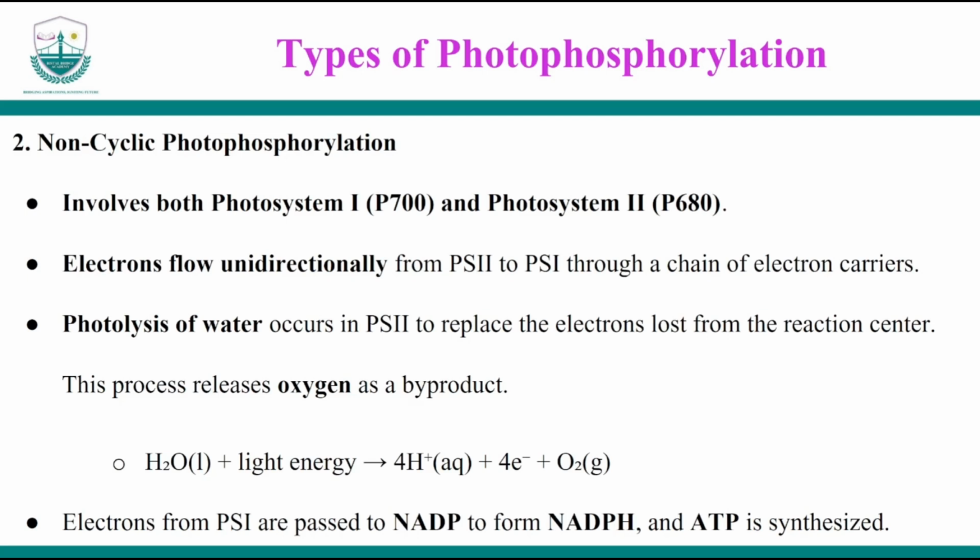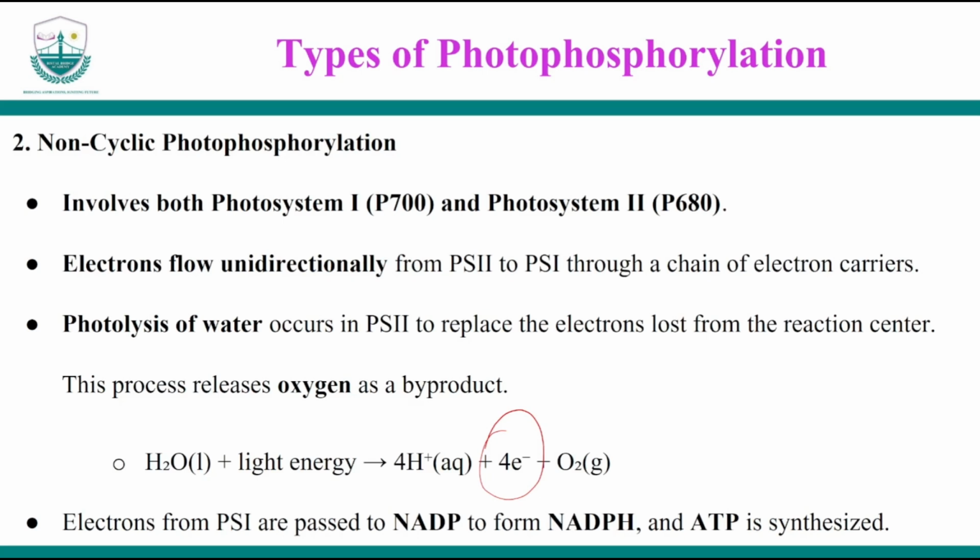This is very important to fill in the electrons that have been lost at photosystem 2 as the electrons are getting excited. So we get electrons and also protons from photolysis of water, but we also get oxygen, which is a byproduct or waste product of photosynthesis.